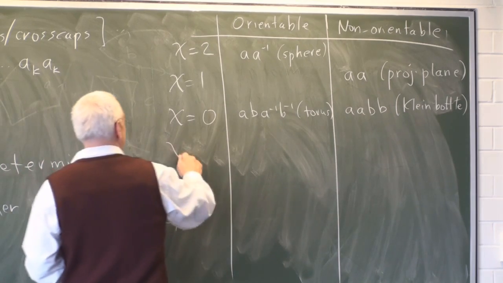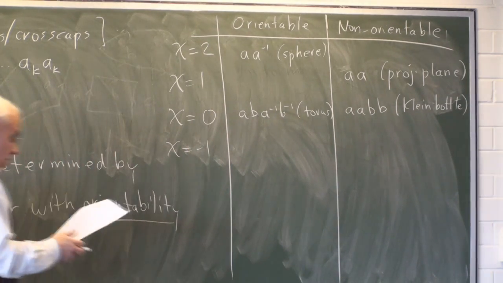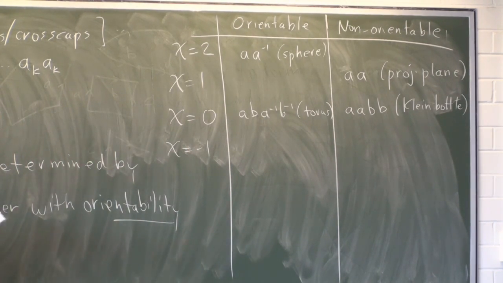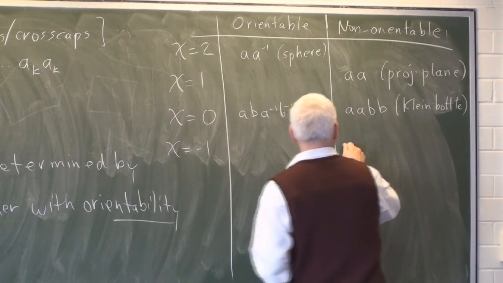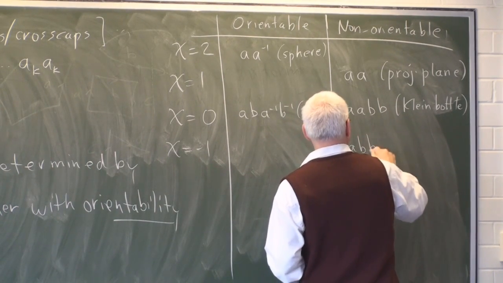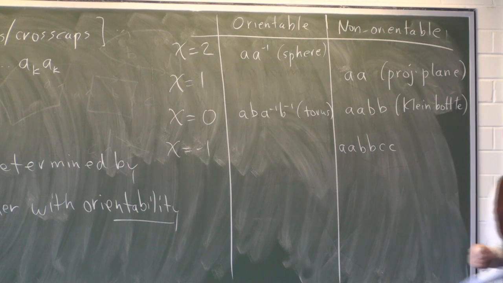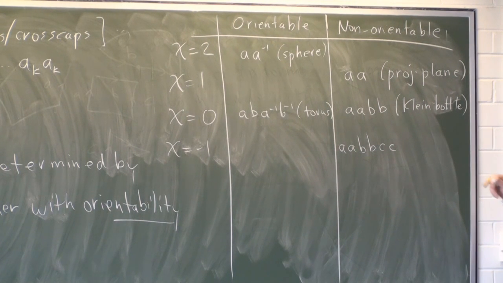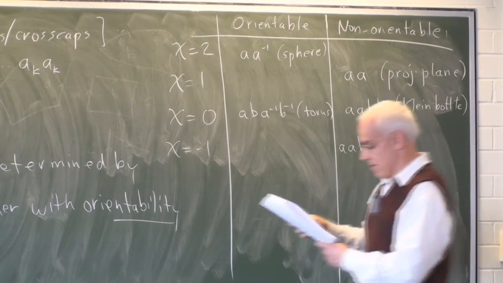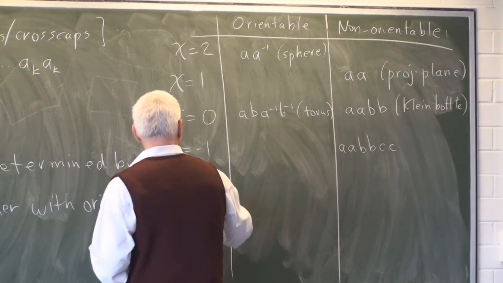Chi equals minus 1. Well, there we could have A, A, B, B, C, C. That's 3 different cross caps. Chi equals minus 2.